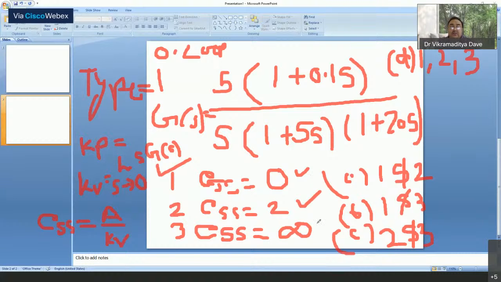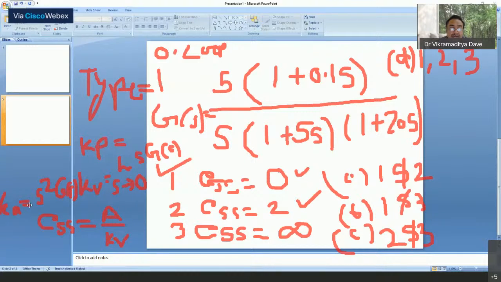And now let's talk about the steady state error due to parabolic input. Here we find out Ka, which is limit s tends to 0 of s square G(s)H(s). I am simply writing G(s) because H(s) is 1. When I put this open loop transfer function G(s) here, the s will cancel, and in the numerator we will have an s term.